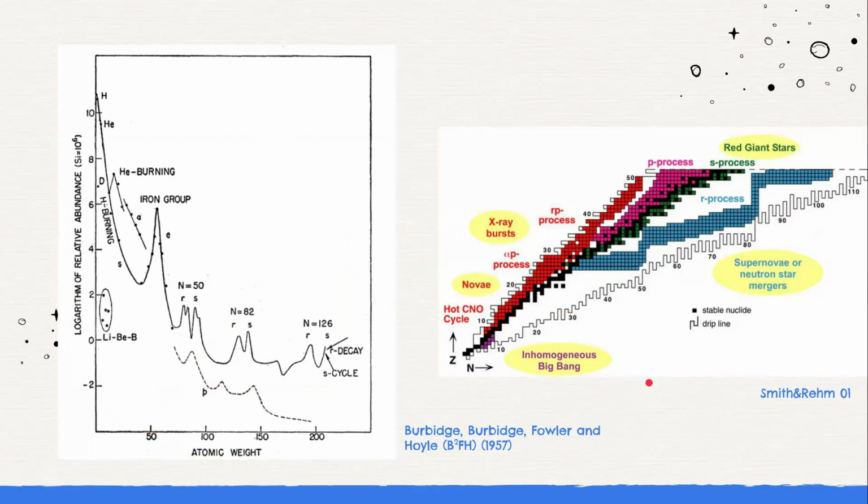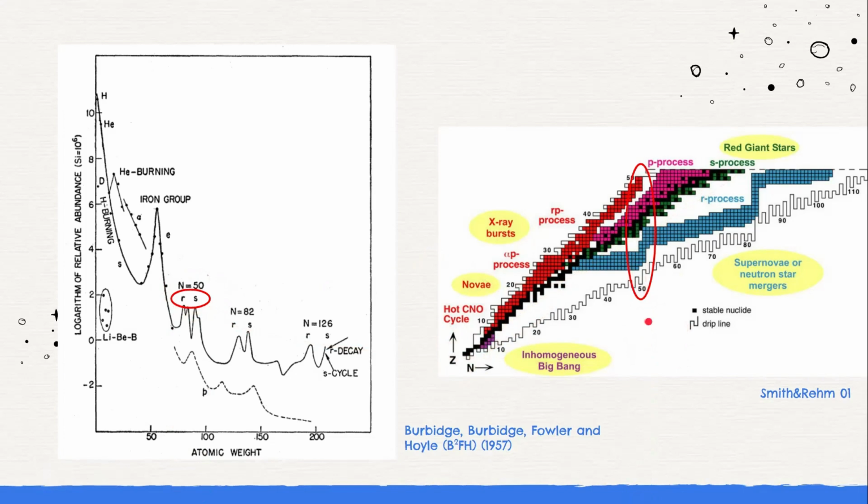On the right there's the Z, which is the atomic number, and the N, the neutron number, plotted together, where the black line is the neutron drip line, next to the stable isotopes. As I circled in red, here is N equals 50, and here is N equals 50.